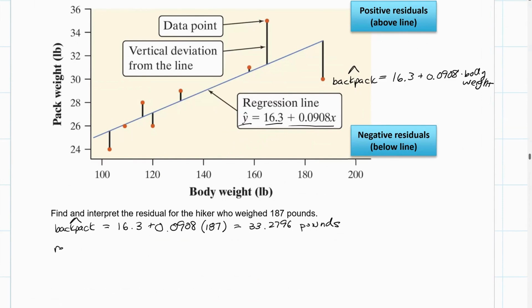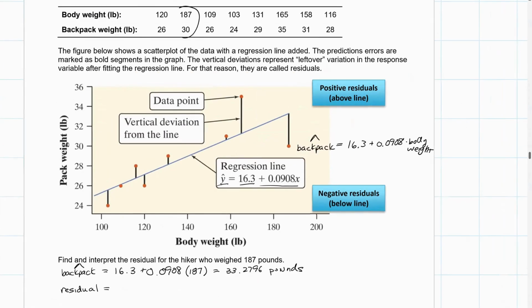But if we want to calculate the residual, how far we are off, the residual is the real weight of the backpack for that 187-pound hiker, which is 30, minus the predicted backpack weight, which is 33.2796, and that ends up being negative 3.2796, and that's also in pounds, backpack pounds.